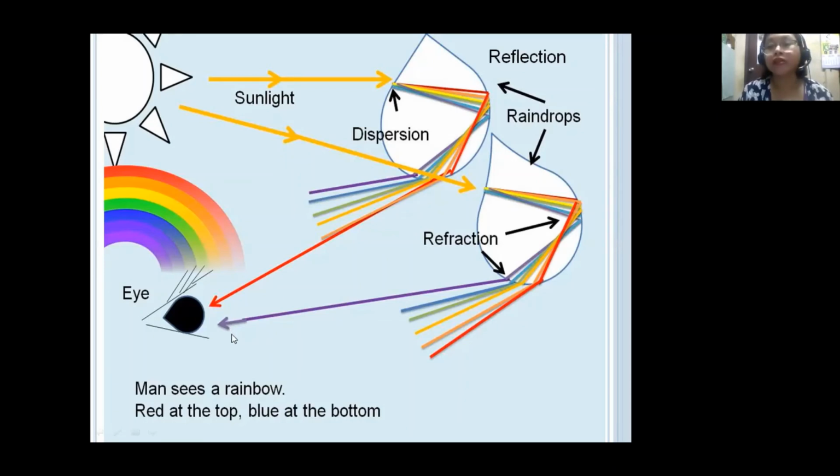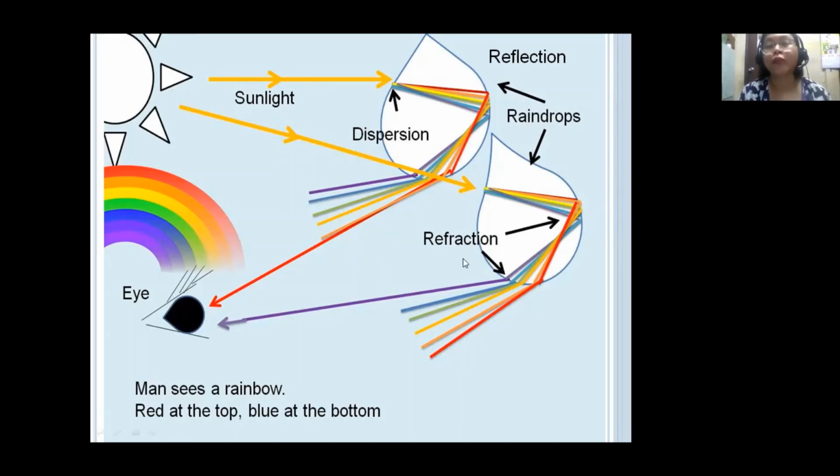Okay, so why is there double or twin rainbows? Okay, so nagkakaroon ng reflection. Okay, if there's a second reflection inside a raindrop, nagkakaroon ng double rainbow.